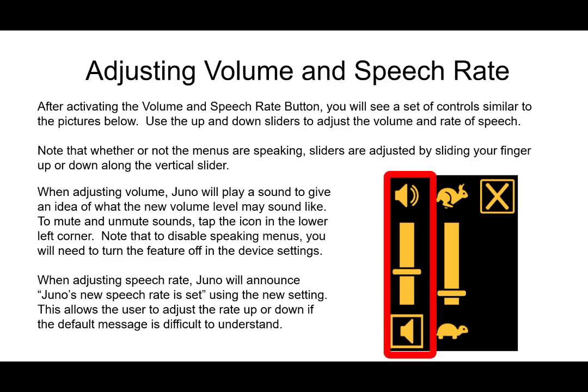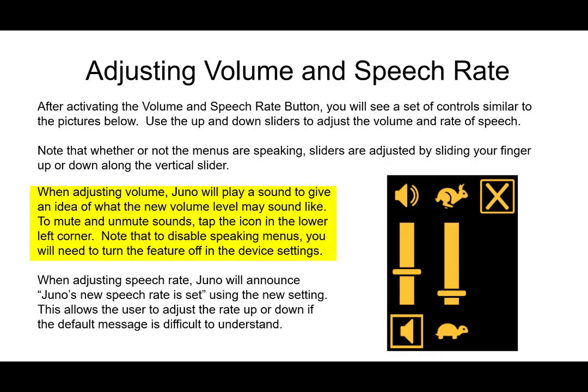The volume, as you might be able to see, is the left side of the display. And when you're adjusting the volume, the Juno will give you a sound as you adjust to give you an idea of what the volume level would be. If you want to mute the sounds, you can tap the icon in the lower left-hand corner, and that will mute all sounds.